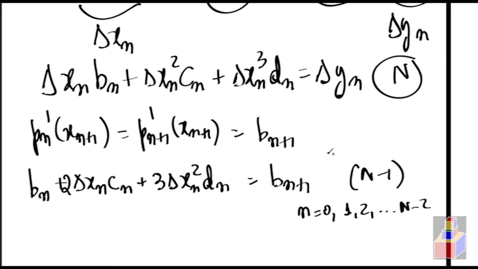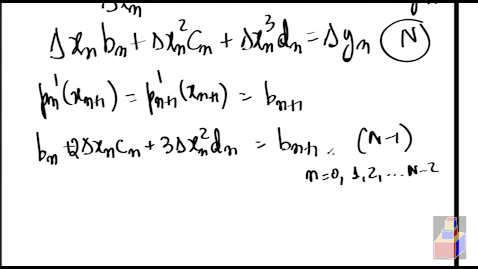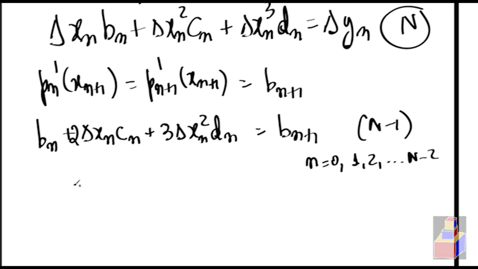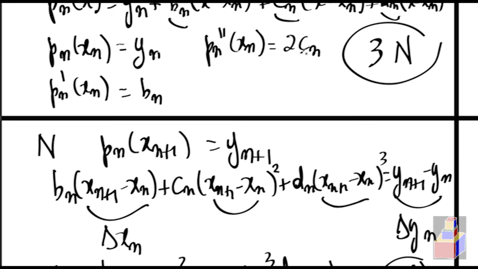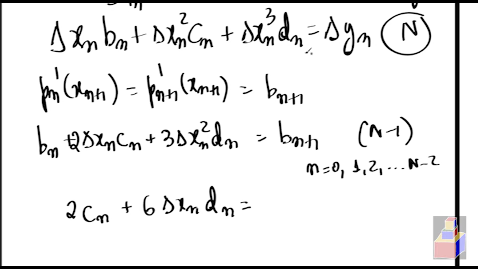So we can proceed doing this, then we go to the second derivative. With the second derivative, we're also going to have n minus 1 equations. We're going to have something like 2cn plus 6 delta xn dn equals the second derivative, which recall is going to be 2cn plus 1.